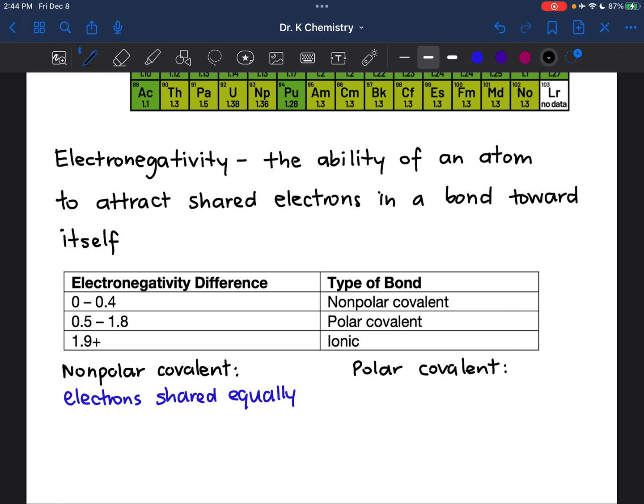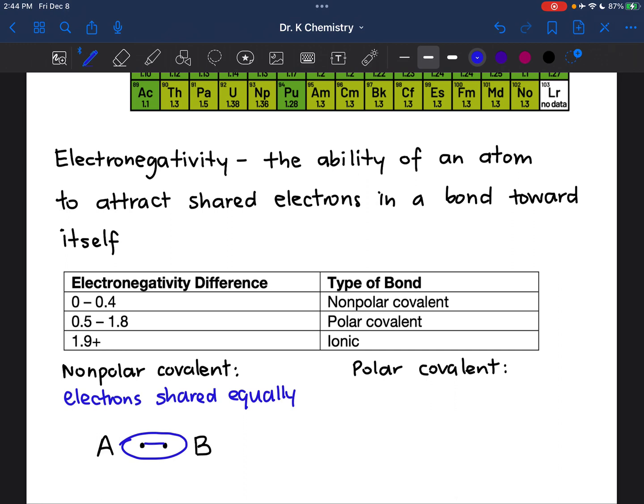Let's say we had a hypothetical atom A and atom B, and those came together and they shared electrons to form a bond. Here, the electrons are being shared equally, so neither side is pulling the electrons toward itself more than the other. They are being distributed more or less the same way across the two atoms.